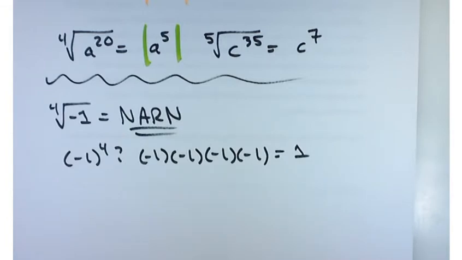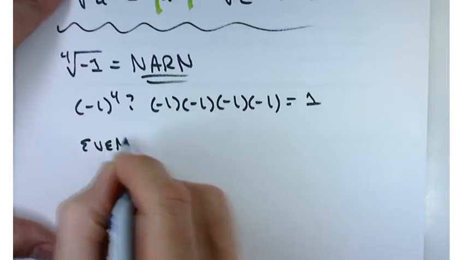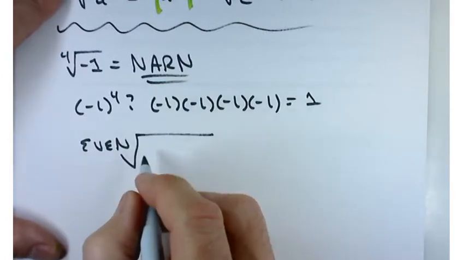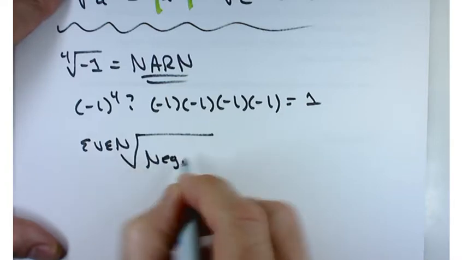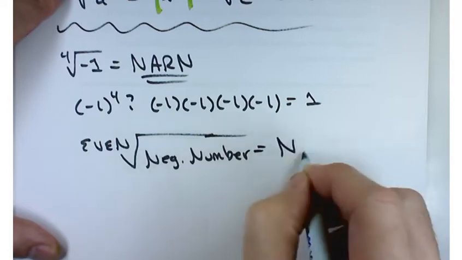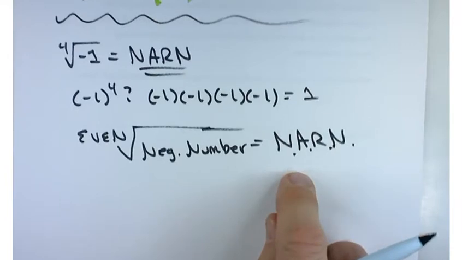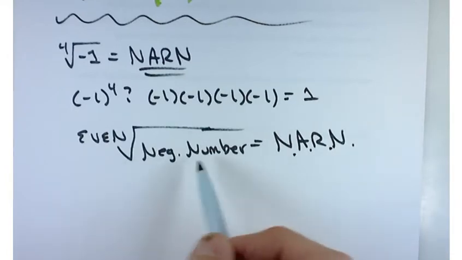Extra credit there, right? Narn. Good job. And typically you're going to get narn if you have an even root of a negative number. So it's okay if we make our answer a narn? For now. Eventually we're going to learn what these things are, which is imaginary numbers. And they're not really imaginary, it's just what they're called because when they were first created, invented, discovered, people didn't like them.